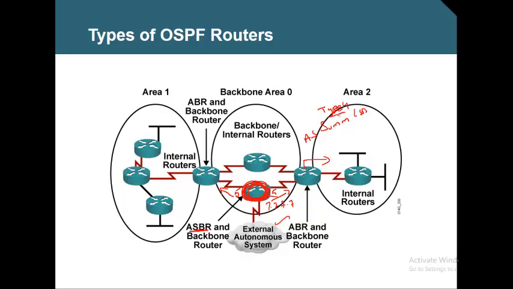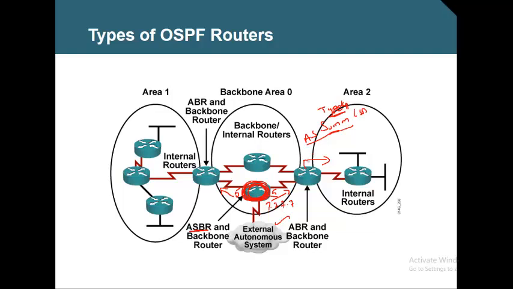See, type 3 is also a summary LSA. Type 4 is also a summary LSA. But the difference is type 4 is the autonomous system summary LSA. So this should have given you a clue that there is some connection between type 5 and type 4.